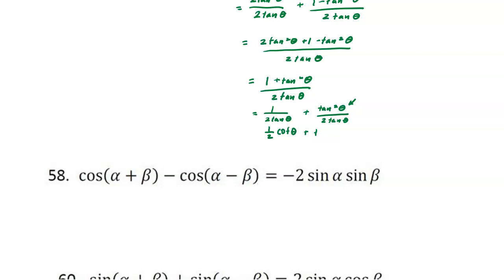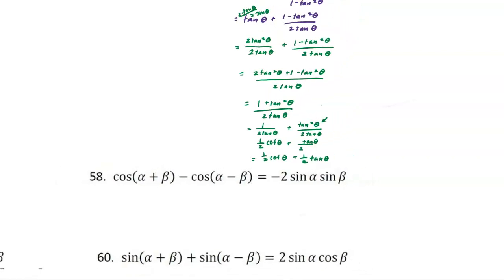Or let's just do what comes naturally, which is just to have 1/2 and then 1 tangent theta. So I can actually take this out and it becomes 1/2 cotangent theta plus 1/2 tangent theta.